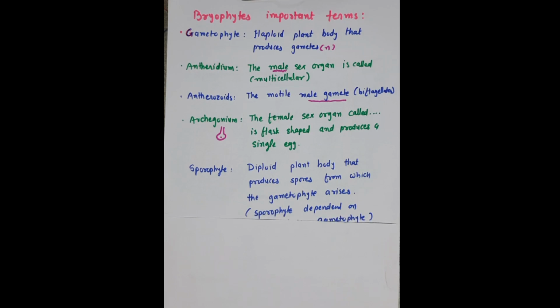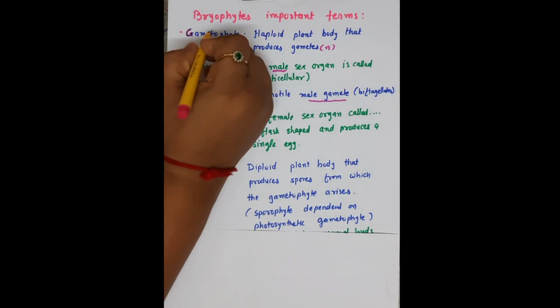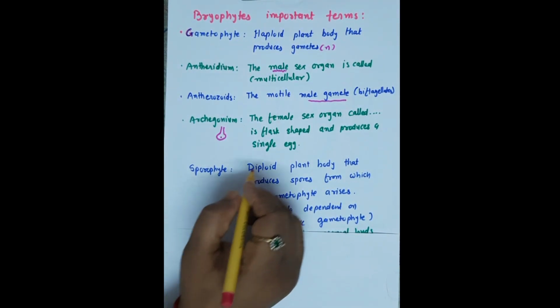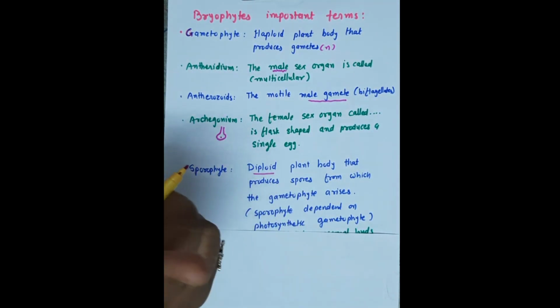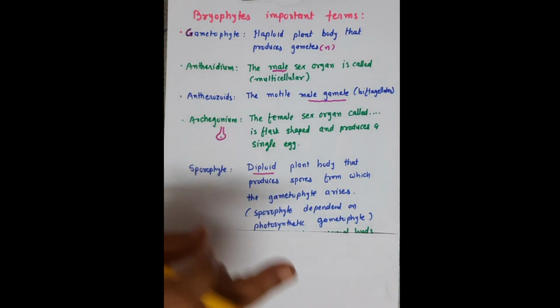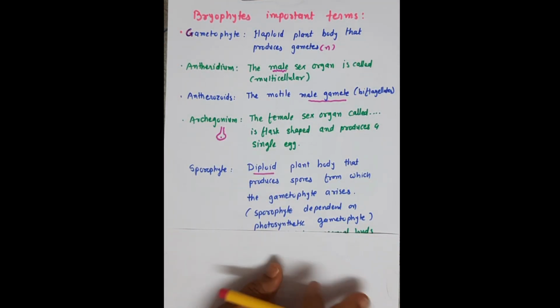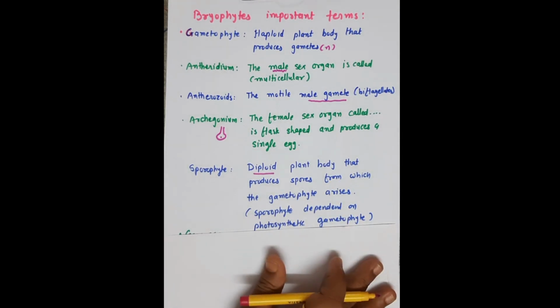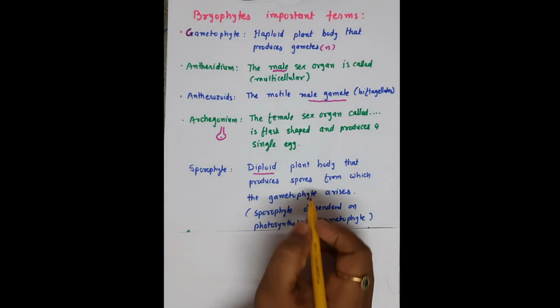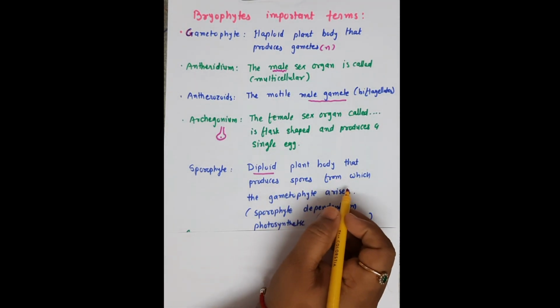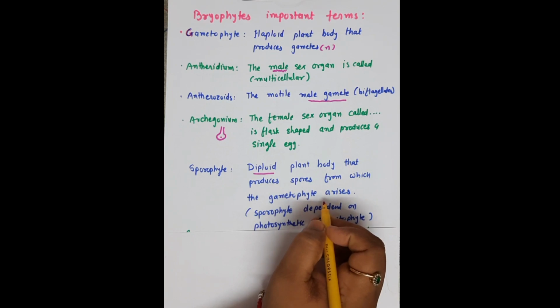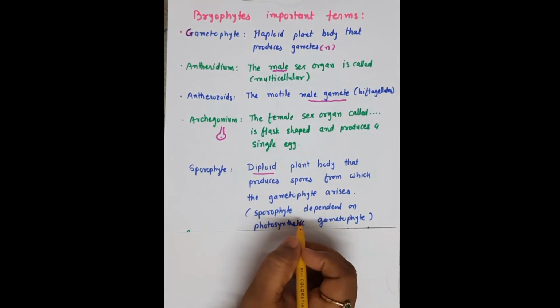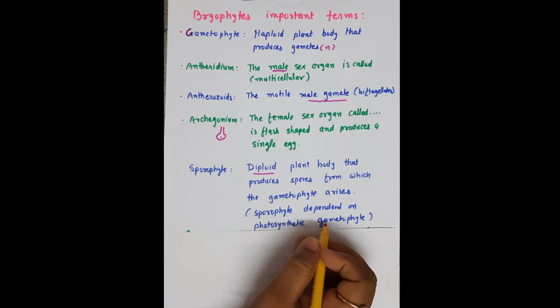Now, just like the gametophytic phase, which is the haploid phase, the sporophyte is the diploid plant body. Most important, remember: the gametophyte is the haploid plant body and the sporophyte is the diploid plant body. The sporophyte produces spores, and from these spores the gametophyte arises. But in bryophytes the sporophyte depends on the photosynthetic gametophyte.